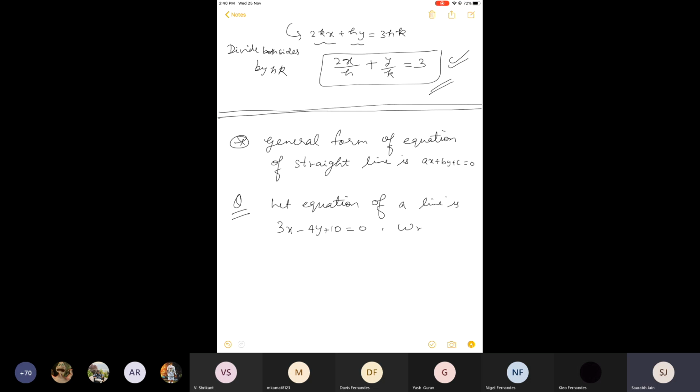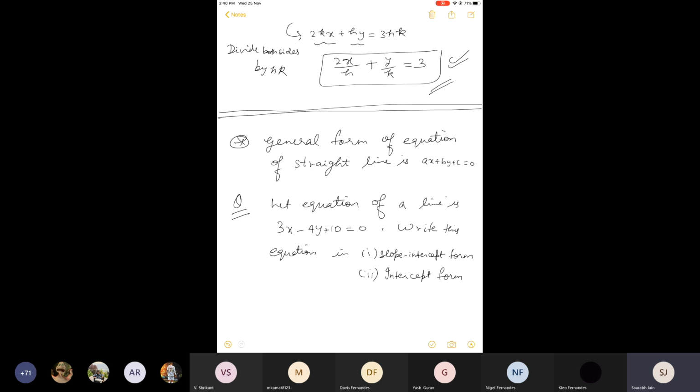Then write this equation, in the first part, in slope intercept form. That means changing the general form into slope intercept form. In the second part, change this equation into intercept form of a line. First these two, then there will be one more.